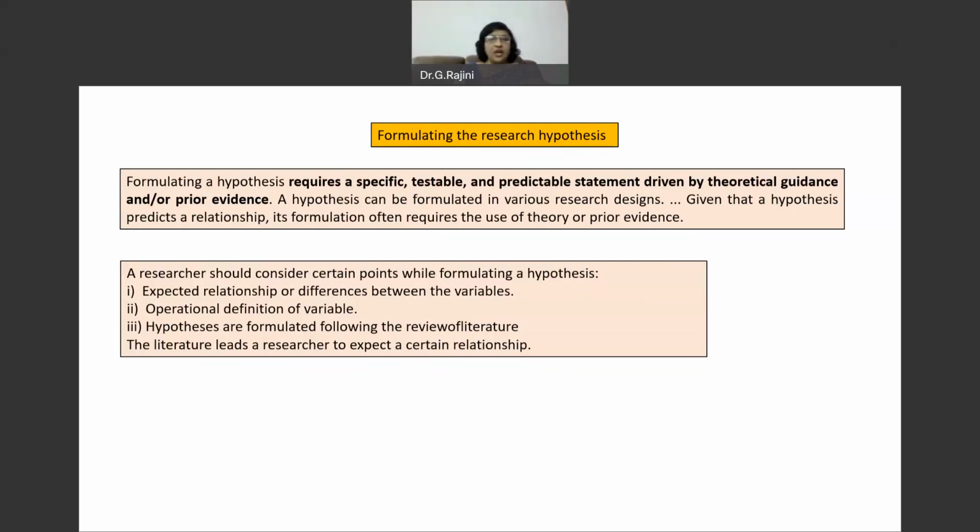So we need to have expected relationship or differences between the variables. Supposing the job satisfaction of employees: there is no significant difference in the job satisfaction of employees based on the department where they work.